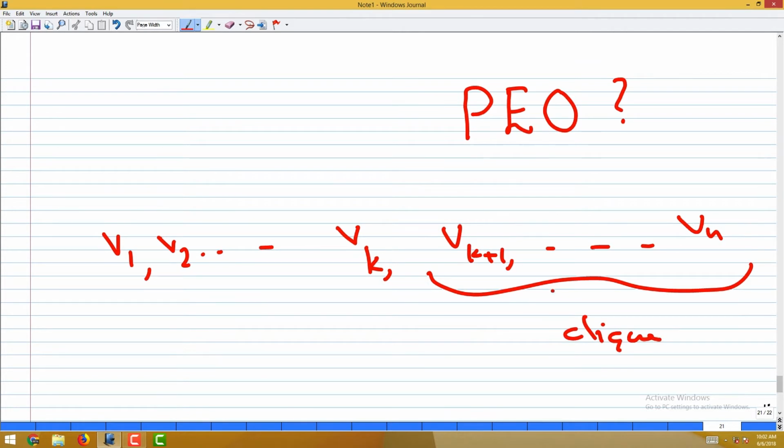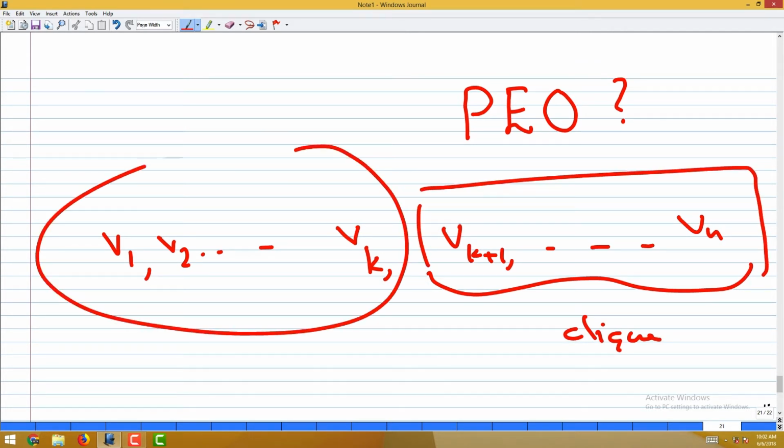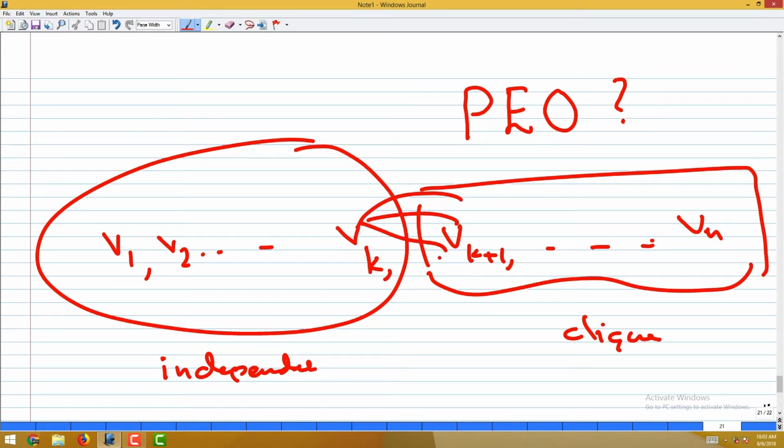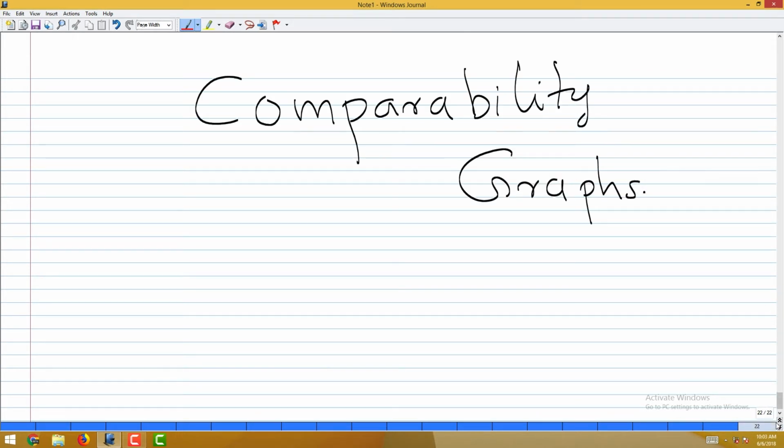You can enumerate the clique vertices in the later part and independent set vertices in the first part. Do you see that this is a PEO? Because anyway, when you go from here to here, that was a full clique. From here onwards, the neighbors are only in the clique. So anyway, neighbors will be clique, right? So there are various ways to see that this is a chordal graph, and yes, it is.